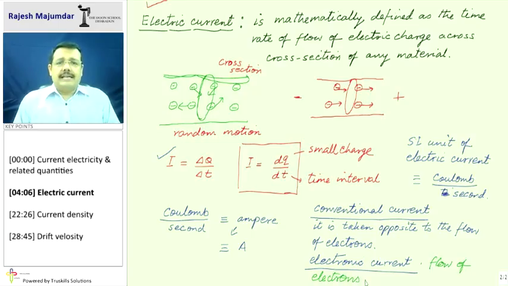So this is electronic current, and usually in today's electrical circuitry, electronic current is not taken as the direction of electric current, but conventional current is taken as the direction of electric current.